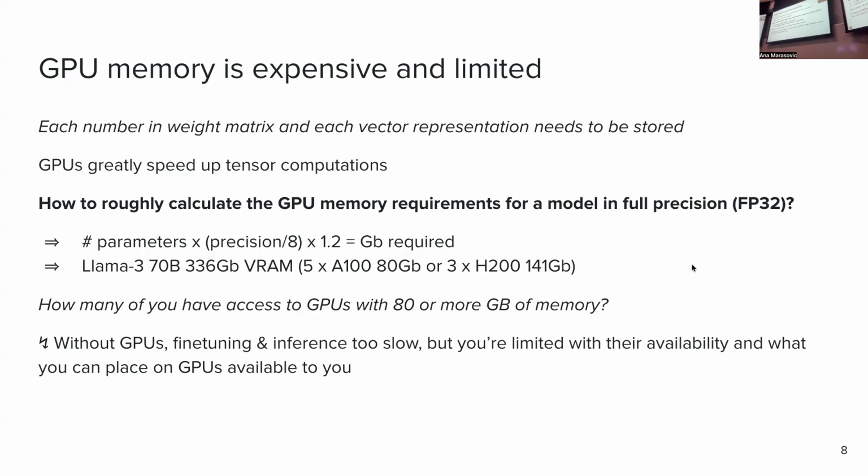So now, going through this whole course, you know that we work with these transformer-based models. They have so many decoder blocks. Each decoder block has various weights for linear projections and so on, right? So there are a lot of matrices where we store numbers, weights of our model.